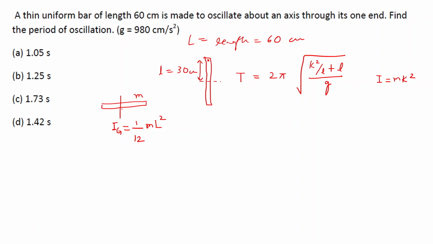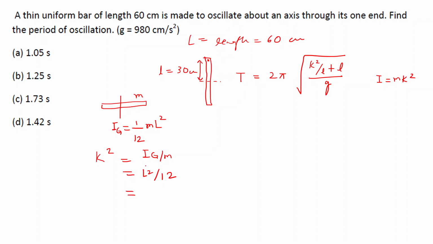Okay, so mass we know, length we know, but what we need to find out here is this k. From here we can see I is m k square, so k square will be I over m. This I is actually I g, so 1 by 12 m l square divided by m will be l square by 12.